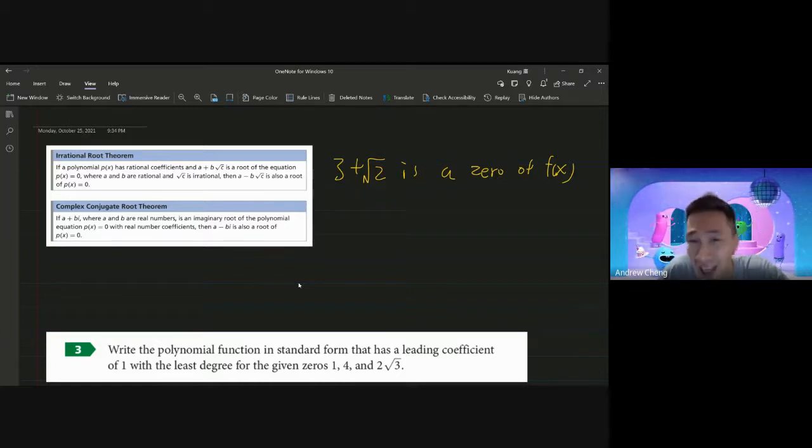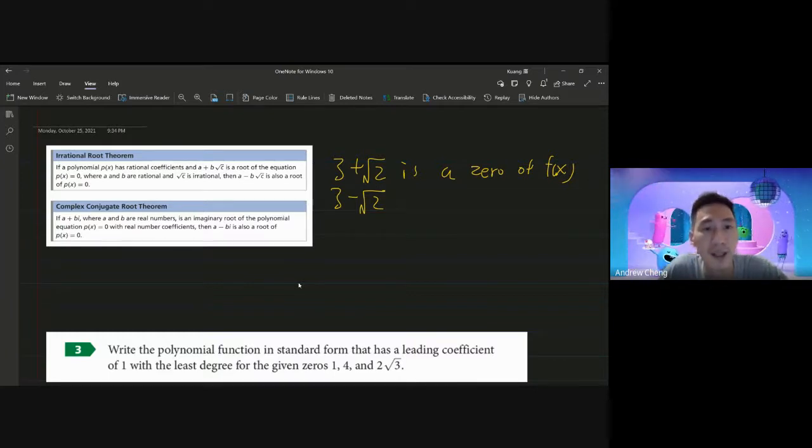So it must have another zero, 3 minus root 2. Only change the sign for the irrational part. You don't have to change the sign for 3 because 3 is a rational number. The irrational number is root 2.